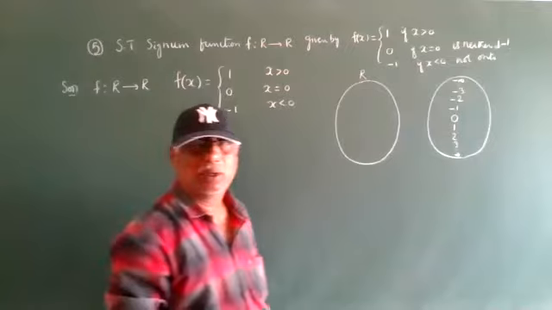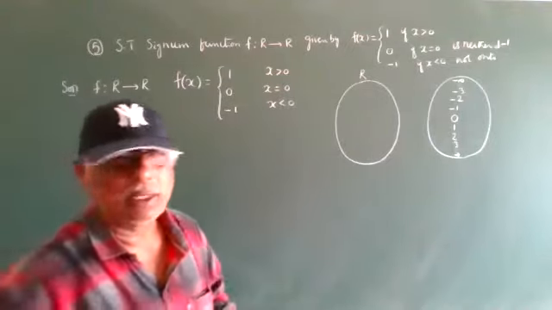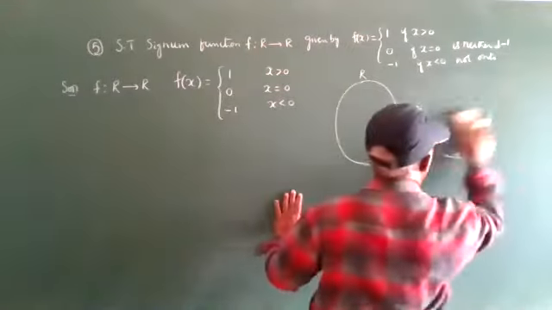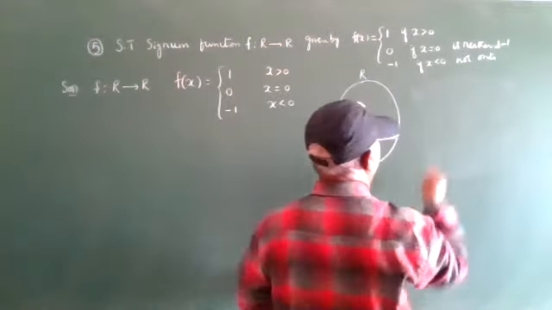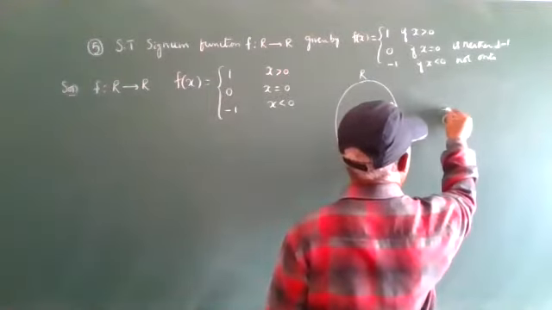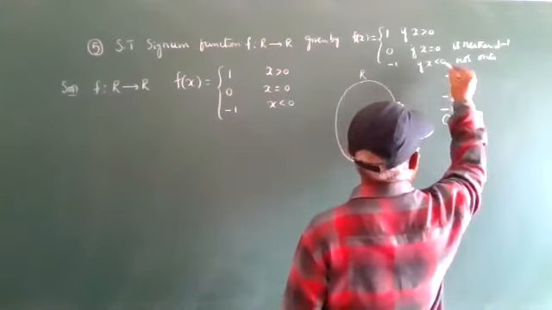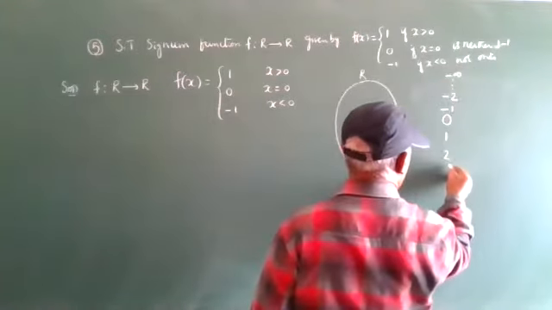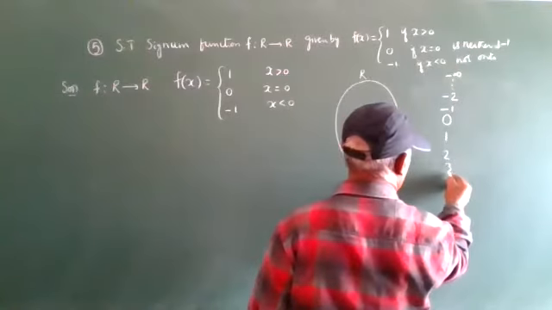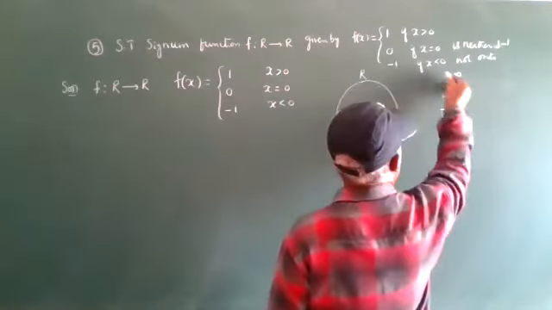I will write a bigger figure: 0, minus 1, minus 2 to minus infinity, 1, 2, 3 to plus infinity.